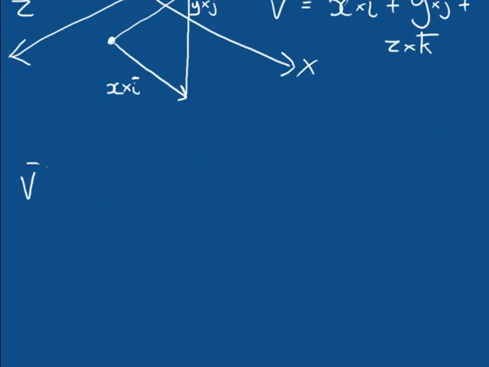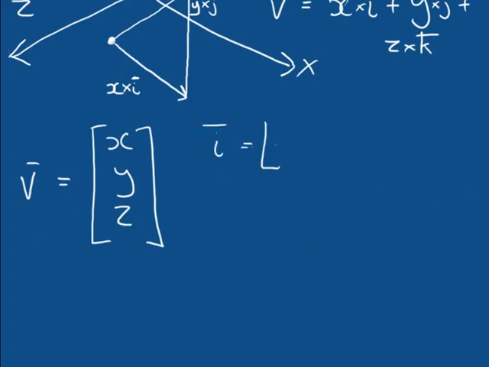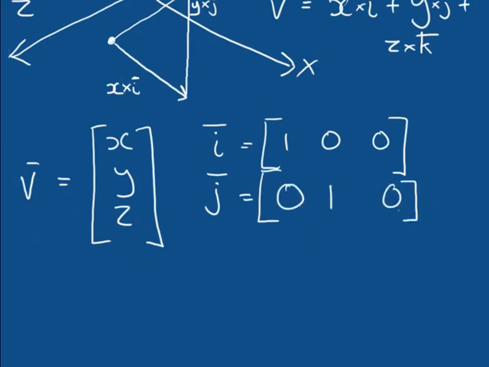If we have a vector v which is equal to (x, y, z), and we have a vector i which is equal to (1, 0, 0). Now I'm writing this in row form just to save space on the whiteboard. We know that when we're working with vectors, they are interchangeable. j is equal to (0, 1, 0), and k is equal to (0, 0, 1).